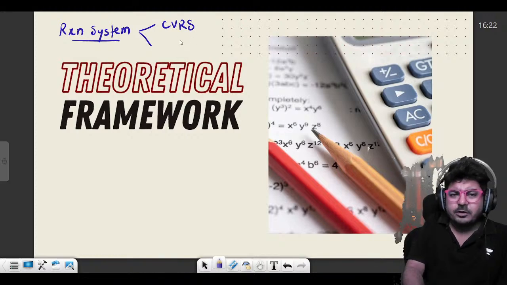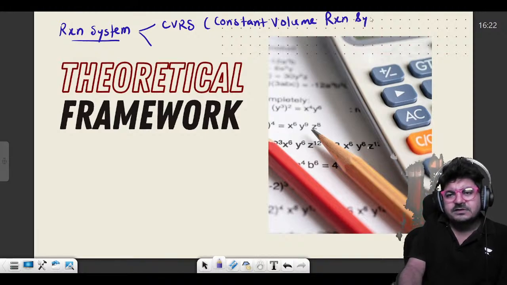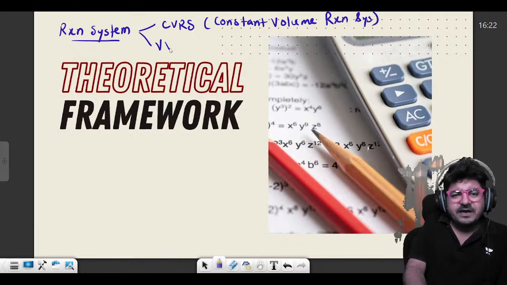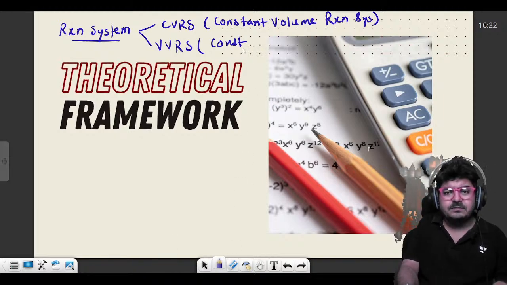One is constant volume reaction system, that is CVRS, and one is VVRS, that is variable volume reaction system.